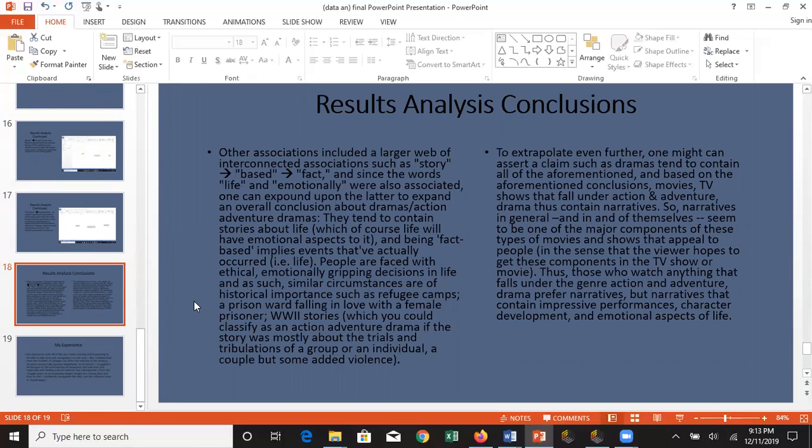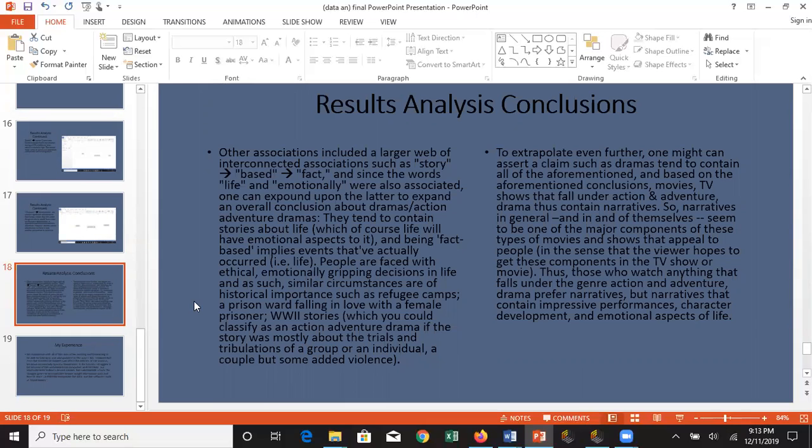You could probably expound upon the latter to expand on an overall conclusion about these, which is basically that dramas tend to have stories about life, which have emotional aspects in it, and they are fact based. So people are faced with ethical decisions, emotionally gripping decisions, similar circumstances that historically have been known.